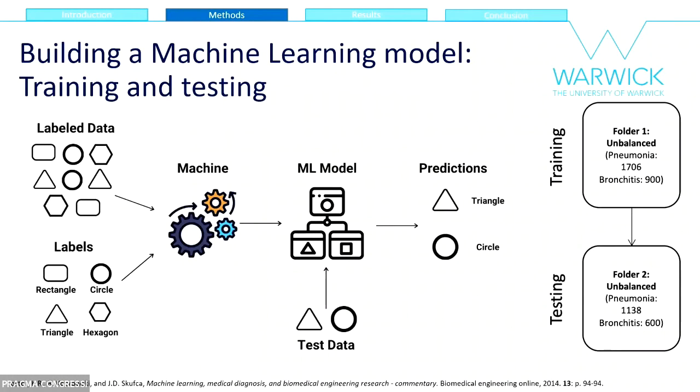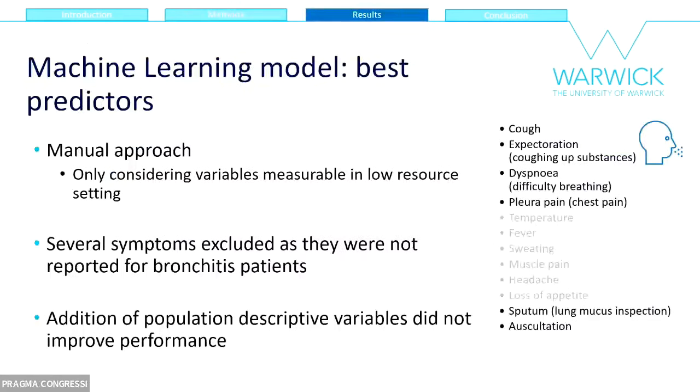So as I mentioned earlier, this is going to be an example of supervised machine learning. So we split the data to have the same ratio of patients with pneumonia to bronchitis in the training and testing set. And we identified the best predictors, and in fact we found those to be cough, whether they were coughing up any substances, difficulty breathing, chest pain, lung mucus, and the results of auscultation.